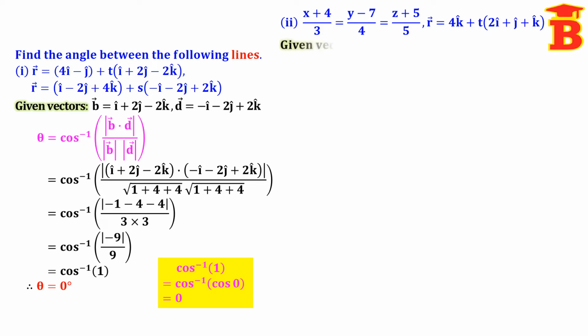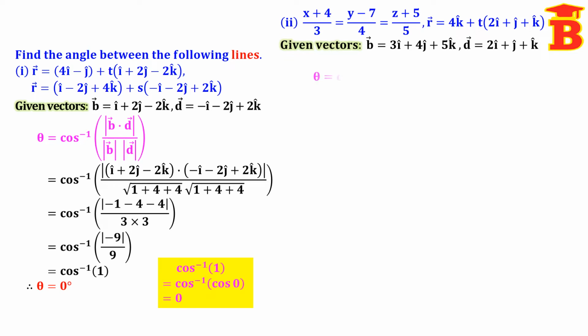So therefore the given vectors we take as b vector and d vector. First line denominator numbers, that is 3, 4, 5, so we write 3i plus 4j plus 5k. And second line, this constant t into bracket, that is 2i plus j plus k. This is the vector.